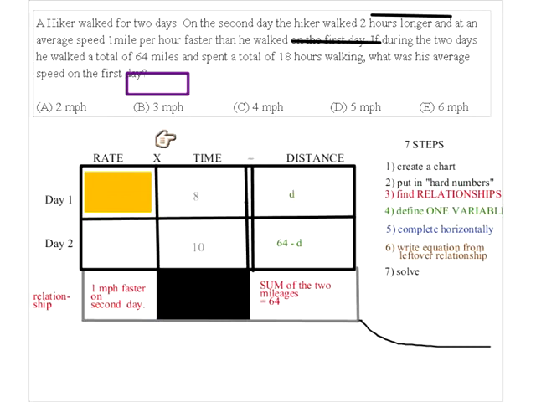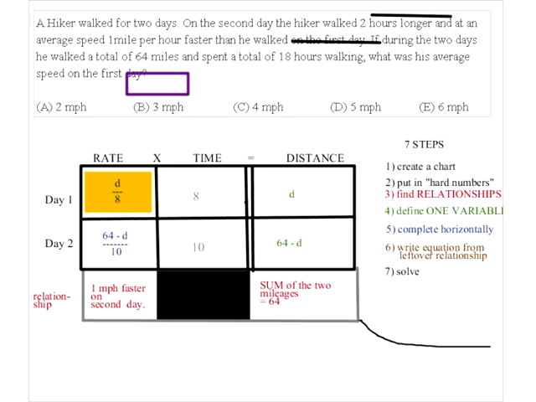Then think about what you would do if you had a 20 and a 5. You have to divide them. So this is going to be d over 8. And this is going to be 64 minus d, all divided by 10. It's a little awkward, but it's not horrendous. And if it works, it works.